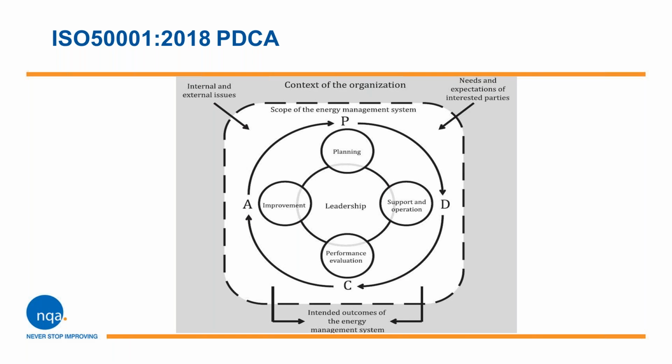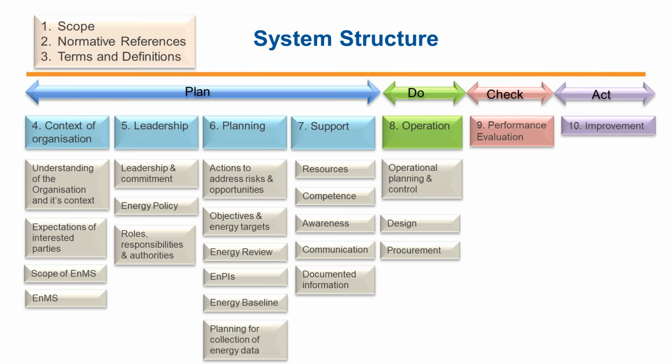As with all of these standards, they follow what's known as the Deming cycle for those of you that are quality experts. Simply, that is plan, do, check, act. This is actually cut from the standard itself, and that just shows how the clauses within the standard, planning, support and operation, performance evaluation, improvement, fit in with plan, do, check, act. One or two of you might be familiar with this slide. It's a slide I tend to use.